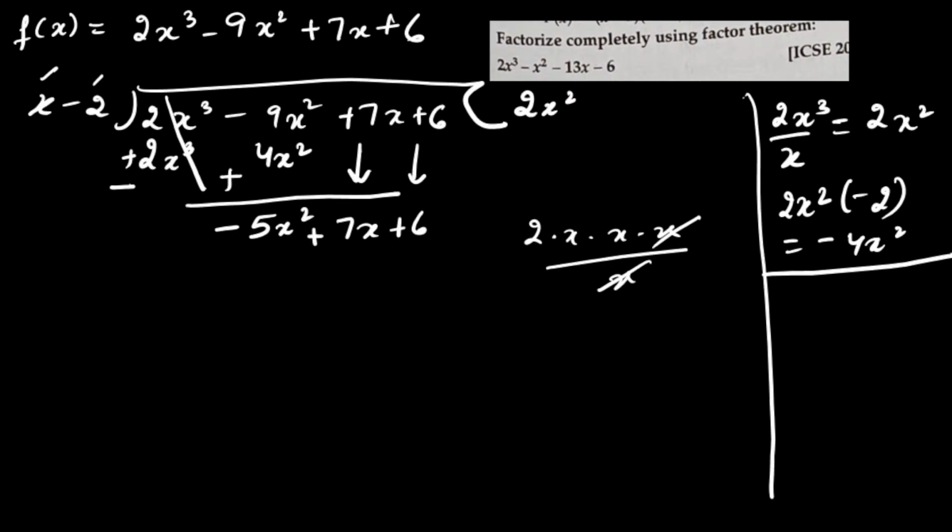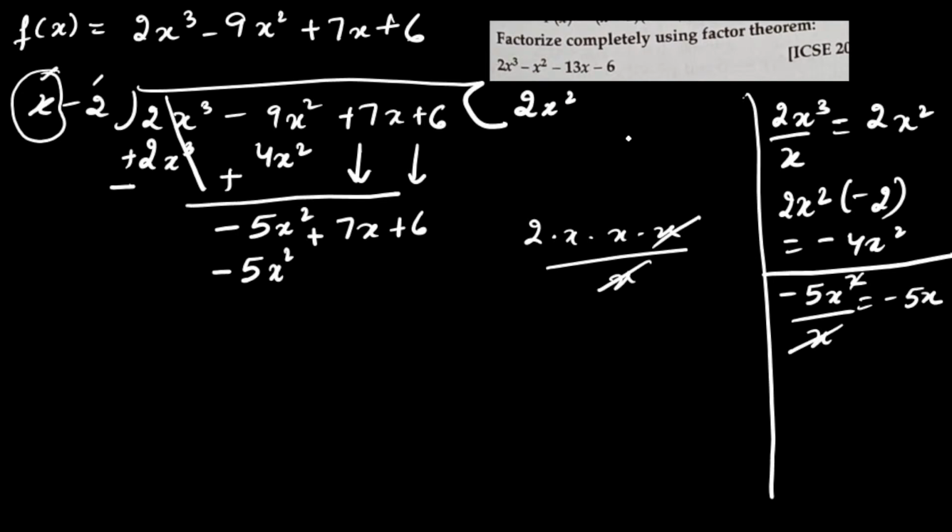Now the same process we have to follow. What's the process? At each and every step we have to follow the same process. This is minus 5x square. Then with this first term minus 5x square, we divide by the first term of the linear polynomial, which is x. So x will get cancelled, and we get minus 5x.